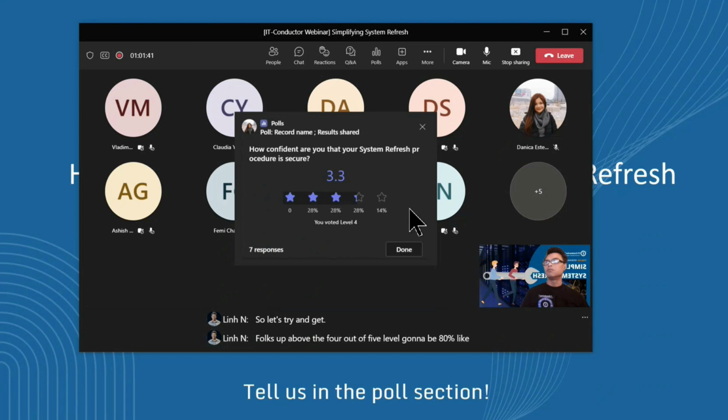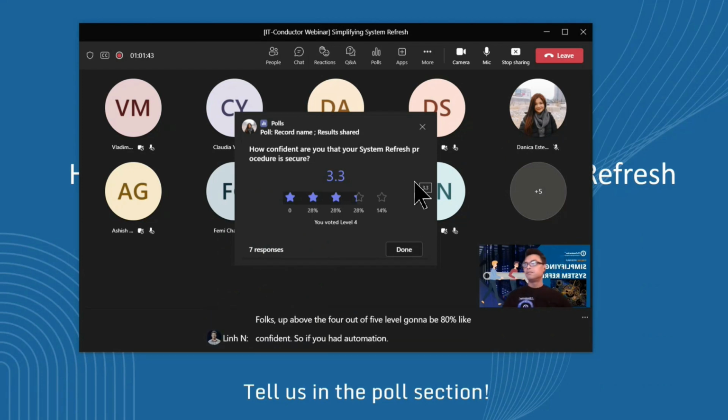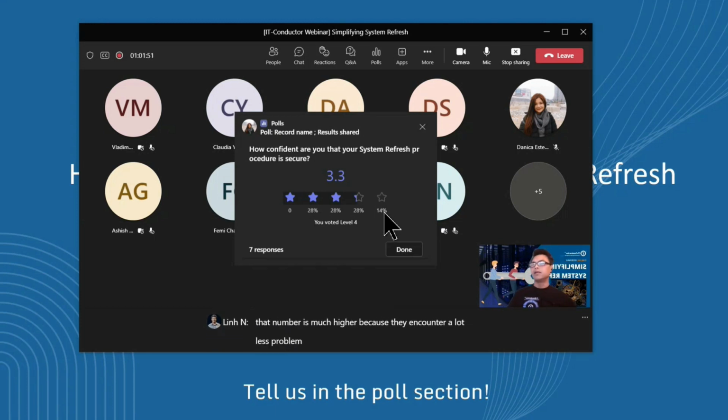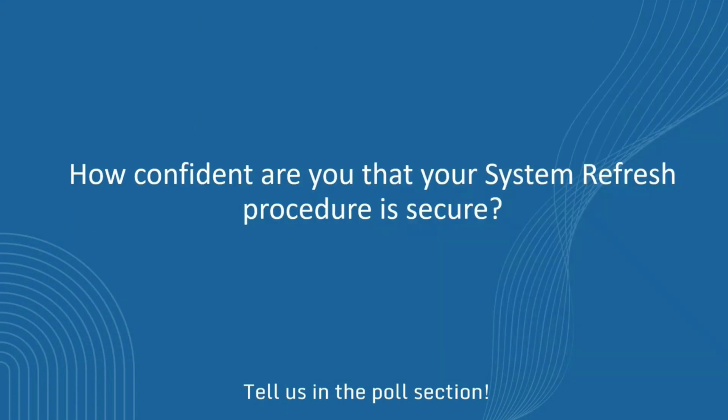So if you had automation, we certainly like to think that from our customer experience, that number is much higher because they encounter a lot less problem. And when they encounter it, it's more minor things. The major things are taken care of for them, and it's just the minor things that they have to worry about. So that's a typical thing there. Okay, so that is the poll.